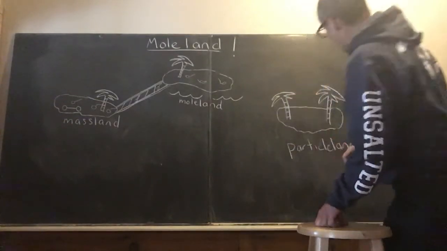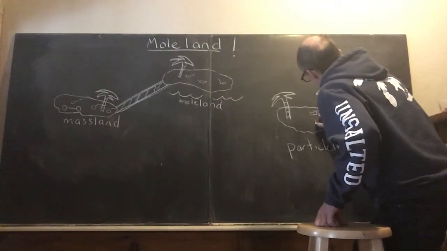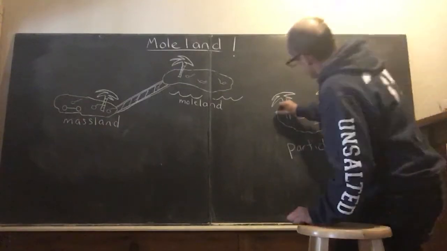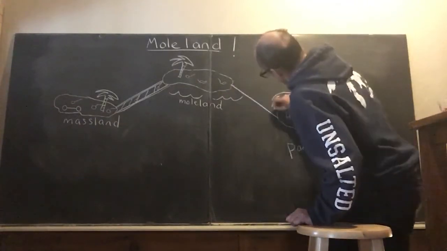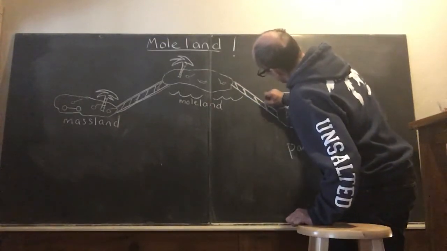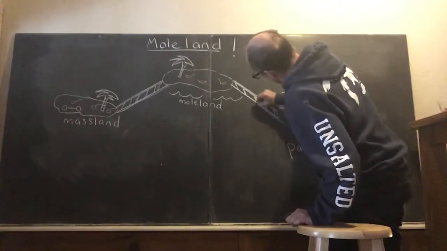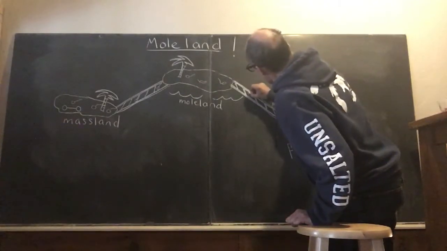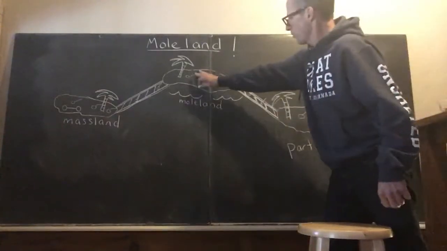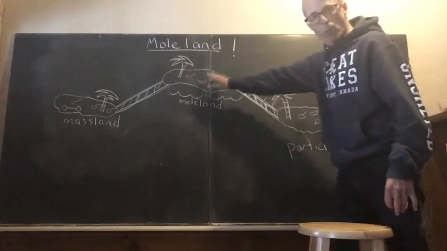And again, there are moles here, hanging around, enjoying the weather. And again, they can't swim, so these are very industrious moles. They have built bridges in between, so moles can go both ways. They can go from Moleland down to Particle Land, or from Particle Land back to Moleland.